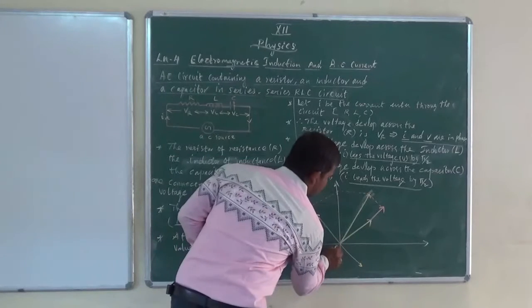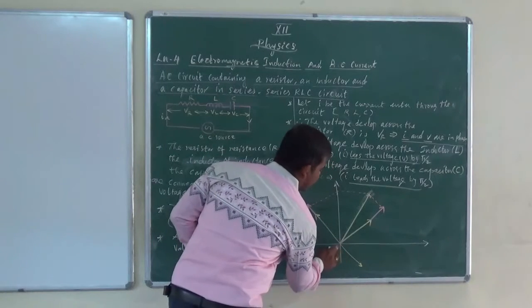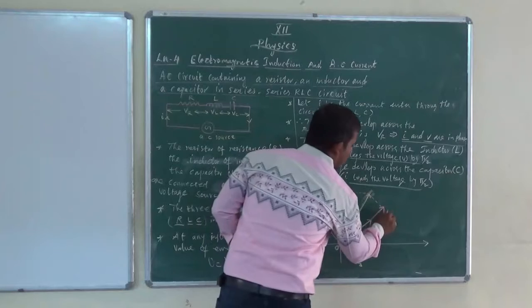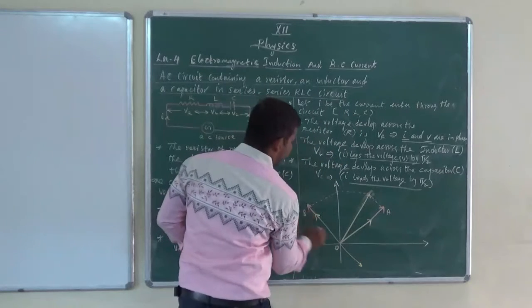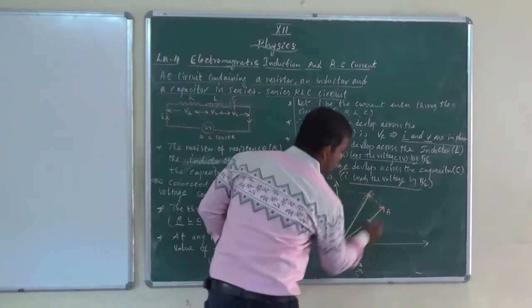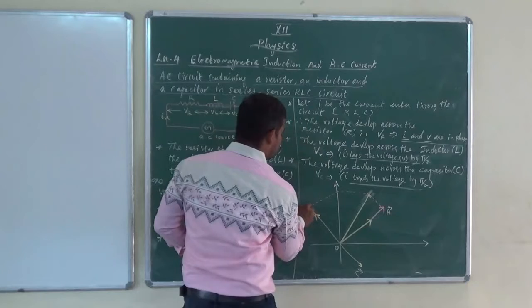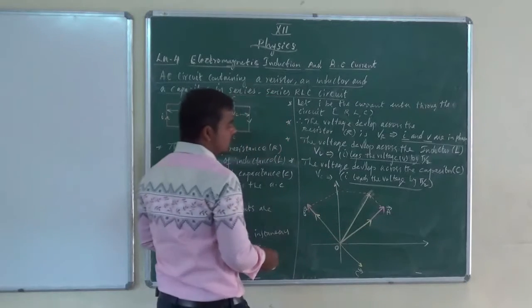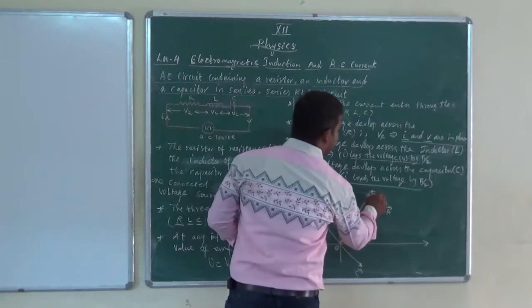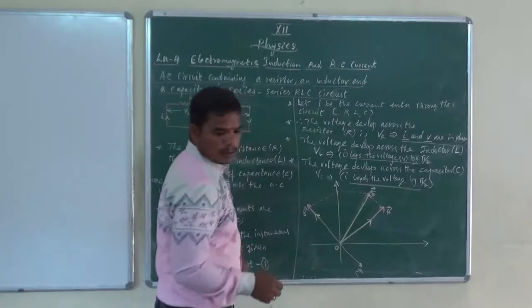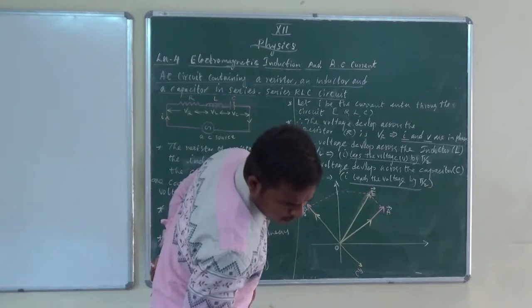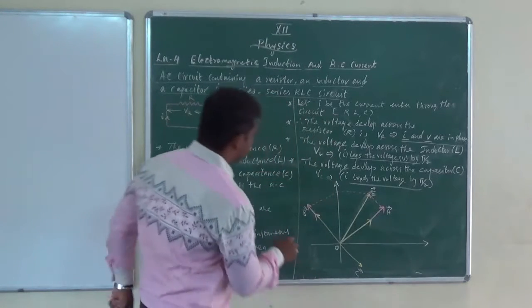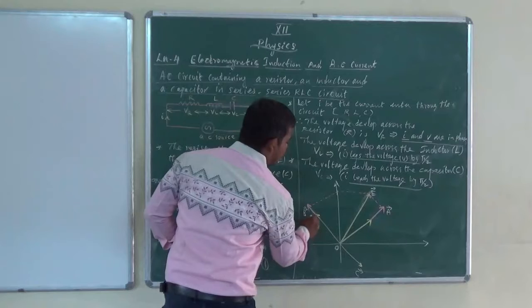This point is O, give the name O, A, B, C. R vector, A vector, B vector, C vector. Then this point is E vector, and this point is B vector.